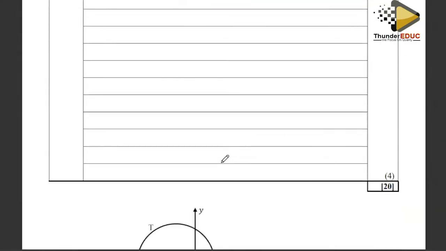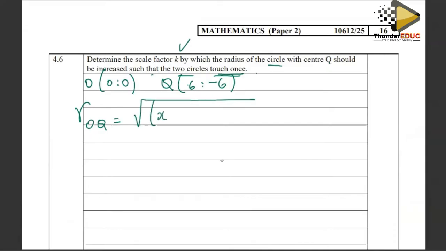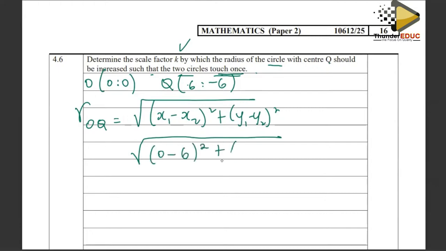So since O is (0, 0) and Q, we said, was (6, -6), let's get the distance, the radius OQ. That's going to be the square root of (x1 minus x2) squared plus (y1 minus y2) squared. That's going to be the square root of (0 minus 6) squared plus (0 minus minus 6) squared.